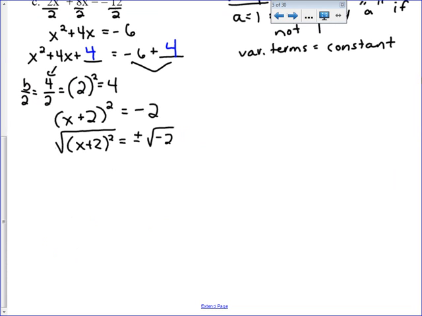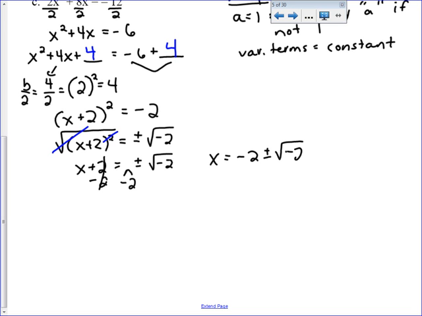So on the left side, the squared and the square root cancel each other out. So I end up with x plus 2 equals plus or minus the square root of negative 2. And then to finish solving for x, I'm going to subtract 2 from both sides and sandwich it in before the plus or minus. So negative 2 plus or minus the square root of negative 2.